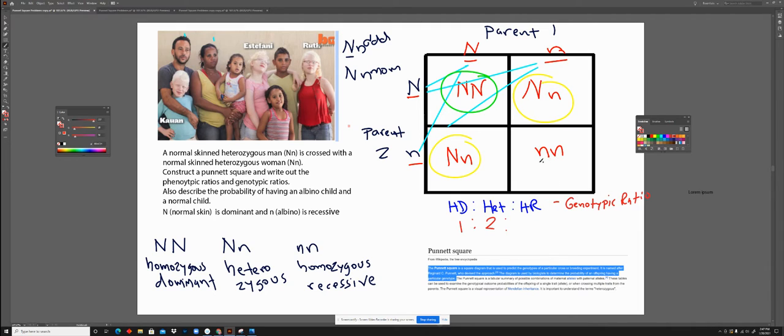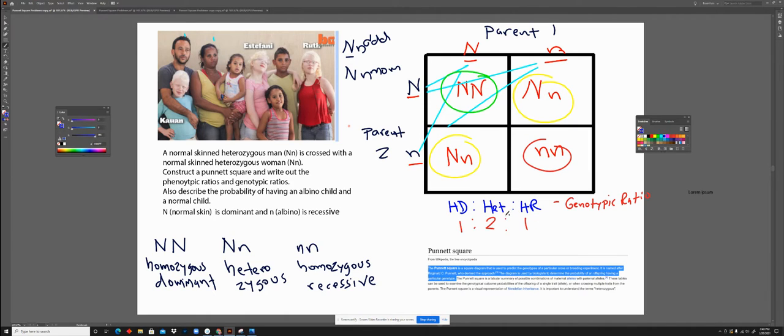And how many homozygous recessives do I have? I only have 1. So my genotypic ratio is 1 to 2 to 1. There's 1 homozygous dominant, 2 heterozygous, and 1 homozygous recessive.